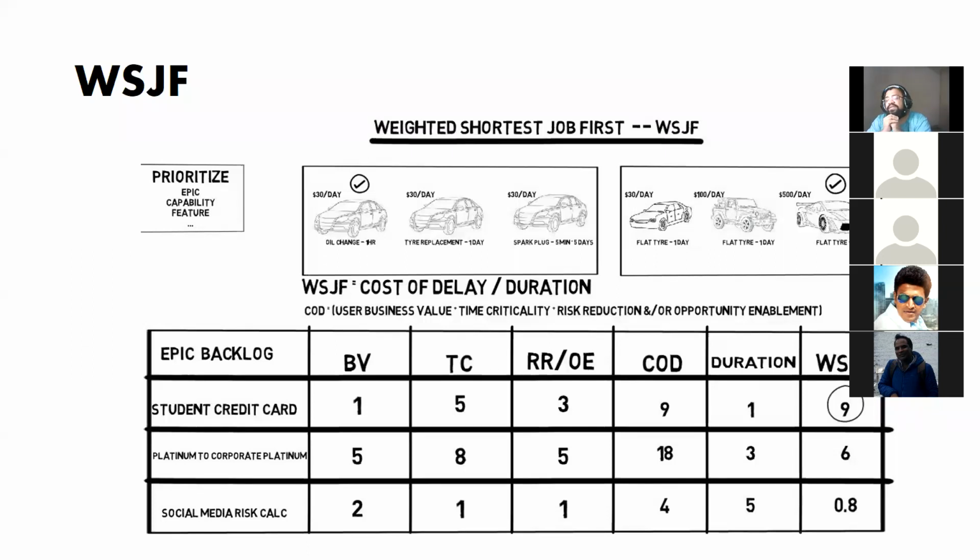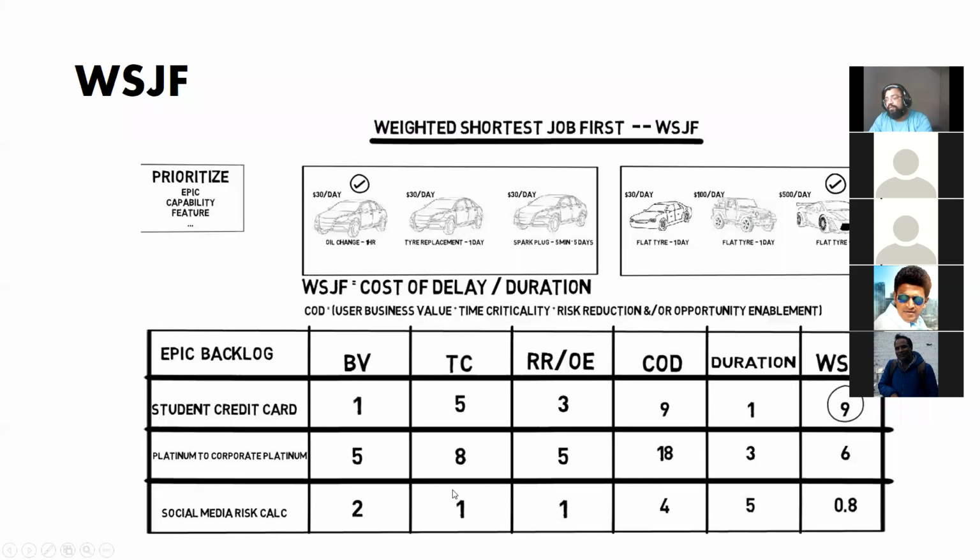Now, the feature or the story or the epic or the theme that has the highest number in WSJF will be chosen first. That is the must have. The next item, you can continuously order based on the WSJF number.